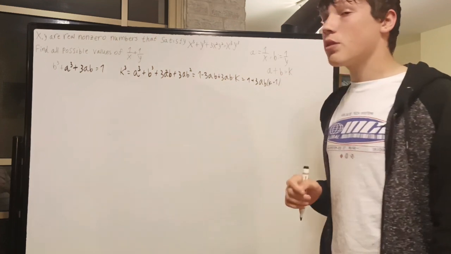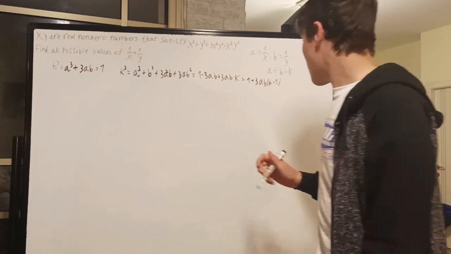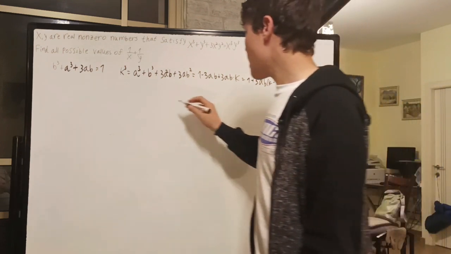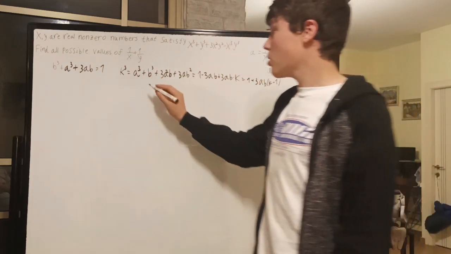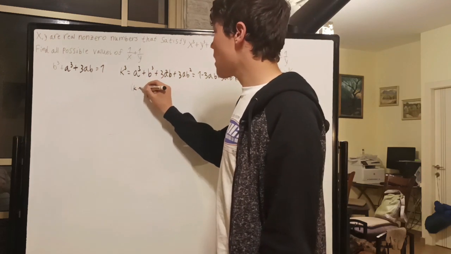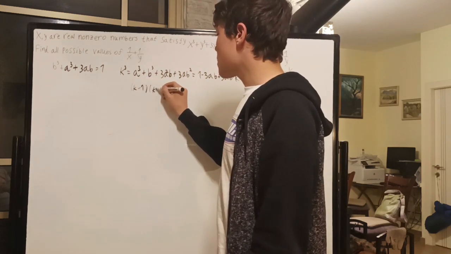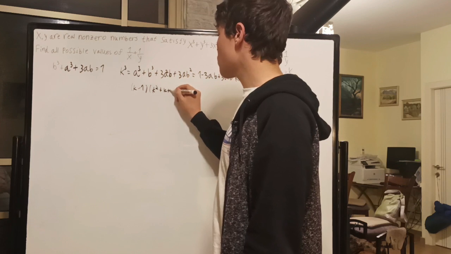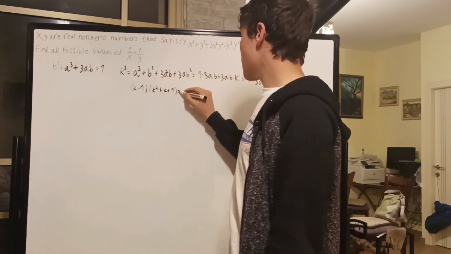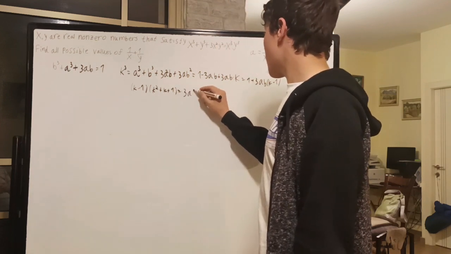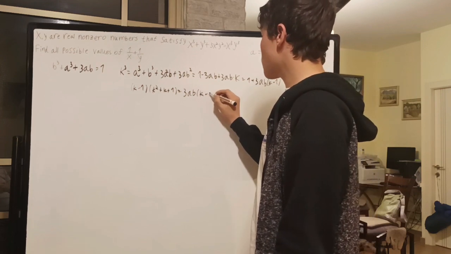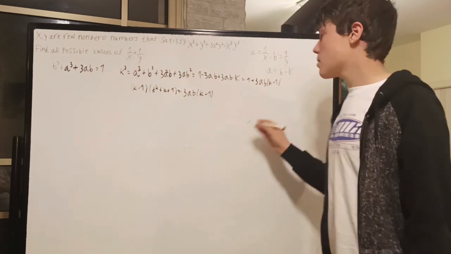Now I'll move 1 to the other side and get k cubed minus 1, which I can also factor as k minus 1 times k squared plus k plus 1, is equal to 3ab times k minus 1. So we have two cases.